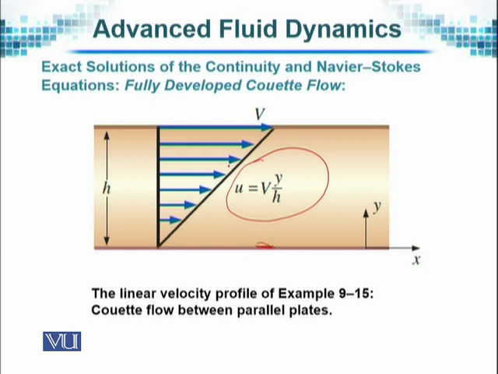And so what is the implication? It can be interpreted both from this equation and from the geometrical picture drawn here, that u is linearly proportional to y. When y is 0, the velocity is 0.